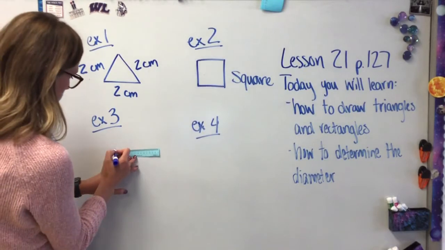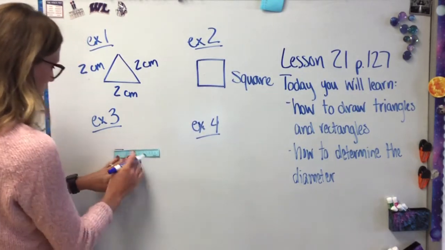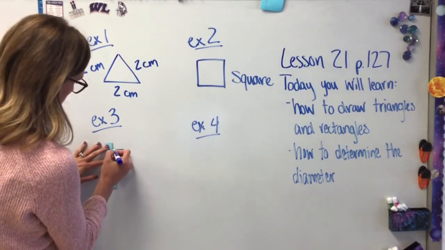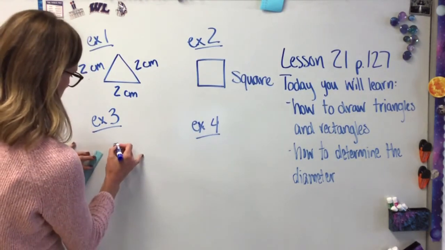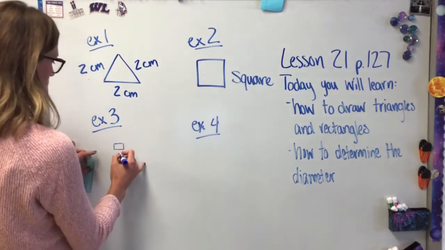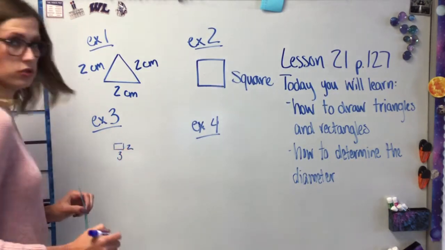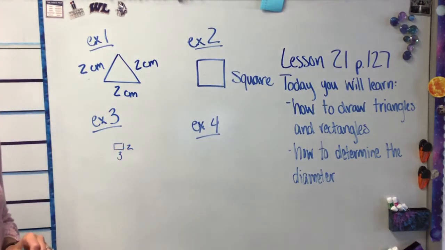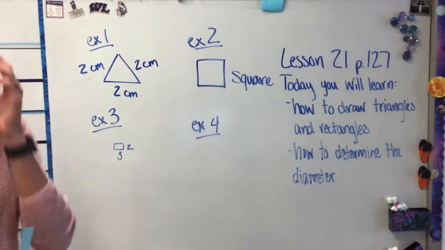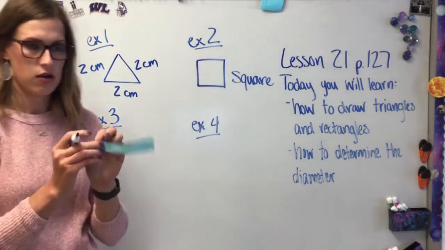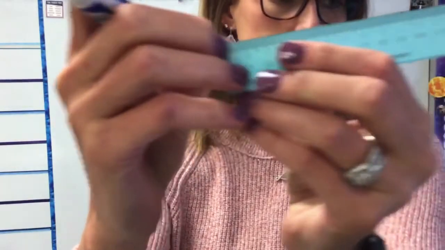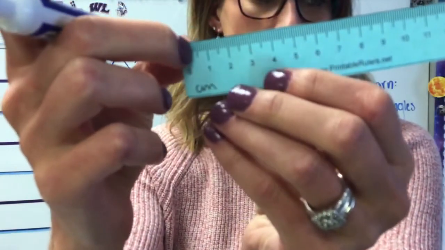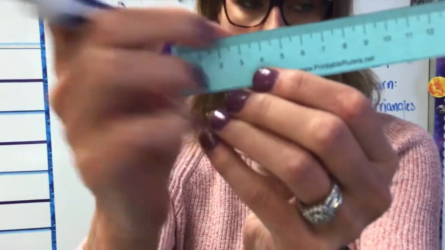Start at the 0, and you want to go 3 centimeters long. And then you're going to go 2 centimeters high. All right? So I get 3 by 2. I'll show you how to do that on our example later as well. But you're going to start at the 0. Start right here at the 0, and then draw all the way to the 3, which is what your side length is going to be.